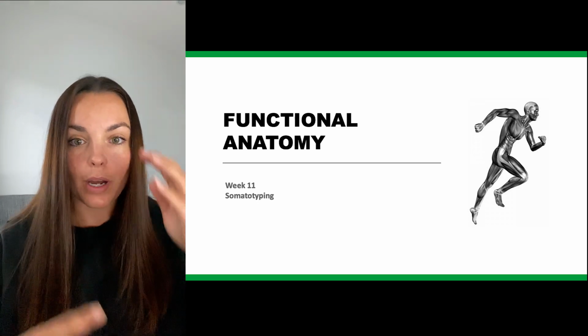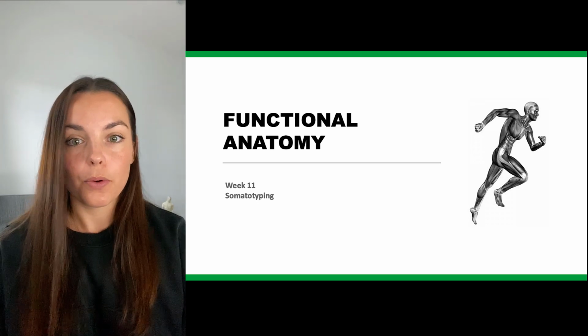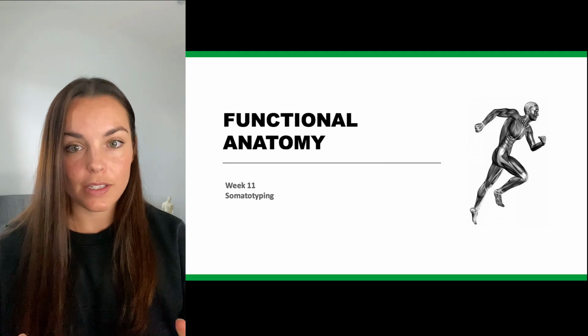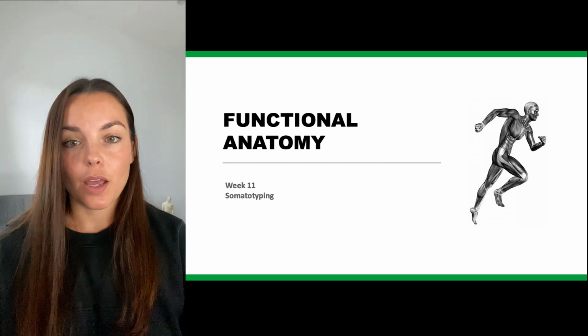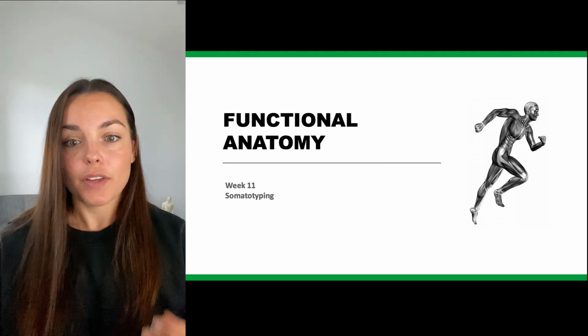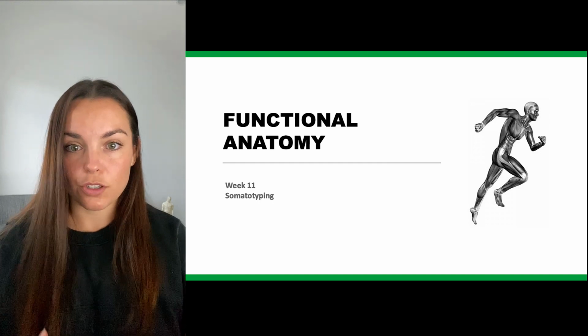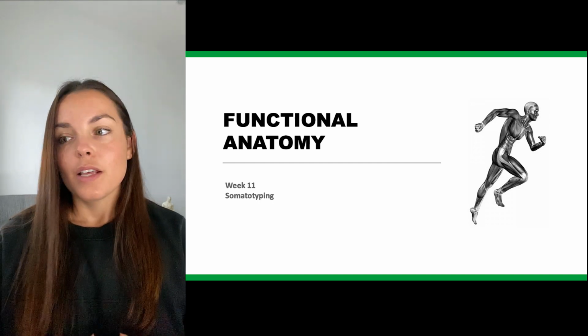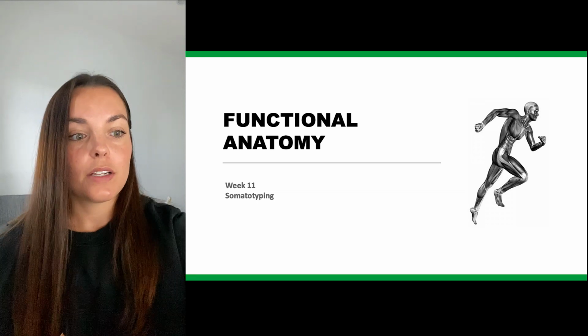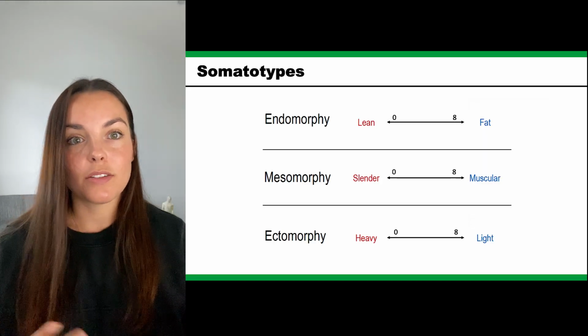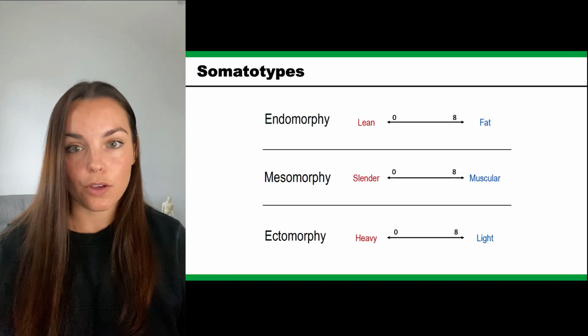Those of you who are here now should already have a solid understanding of what the somatotype is and the different classifications, being endomorph, mesomorph, and ectomorph. Something that's really important is understanding that these three classifications exist on a scale.